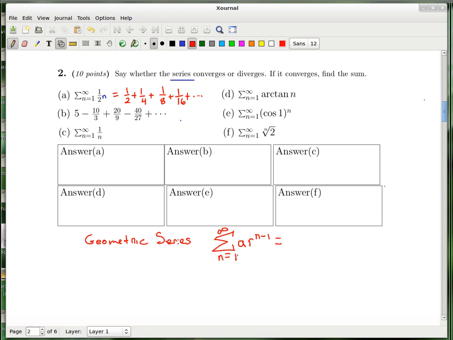If n equals 1, then r to the 0 power is 1, and so this is a plus ar plus ar squared plus ar cubed plus and so on. Okay, so parsing this as a geometric series is maybe not exactly trivial.